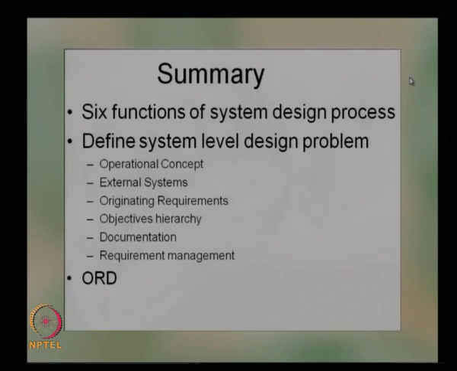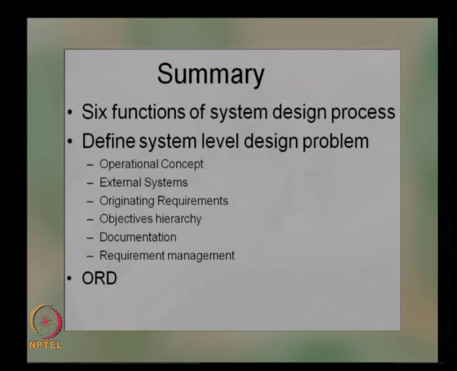To summarize whatever we discussed in the last few lectures, we started with 6 functions of the system design process, where we started with the first problem, that is defining the system level design problem. Out of the 6, this is the first one, and we attempted to go into the details of this phase.